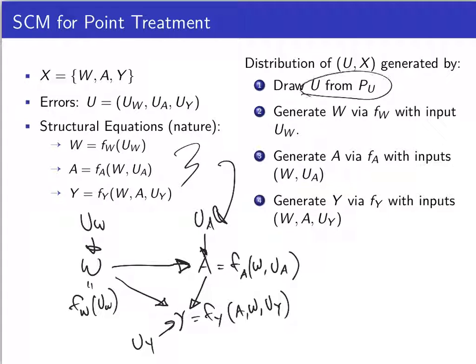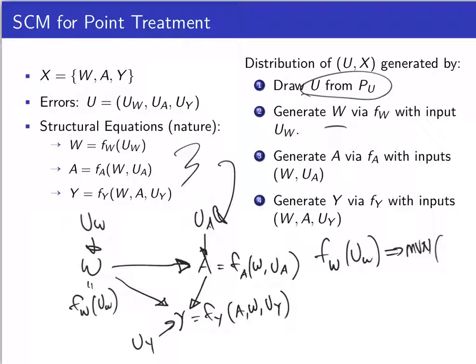You would draw U from a multivariate normal. I would generate W from whatever function. It could be my function, my F. UW implies some multivariate normal.